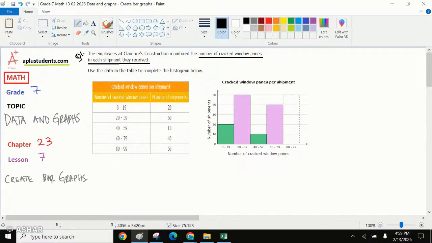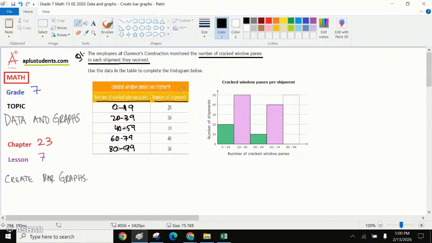It's given as number of cracked window panes, that is 0 to 19, 20 to 39, 40 to 59, 60 to 79, 80 to 99. This was 20 to 39, and this was 0 to 19. So 0 to 19 would be 20.